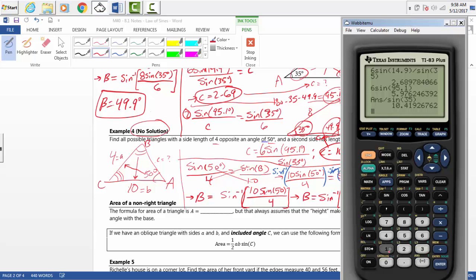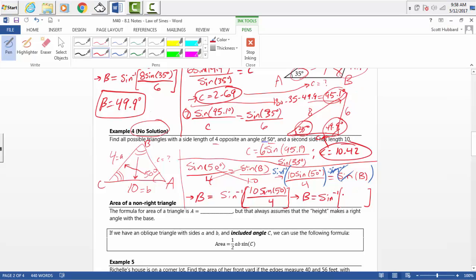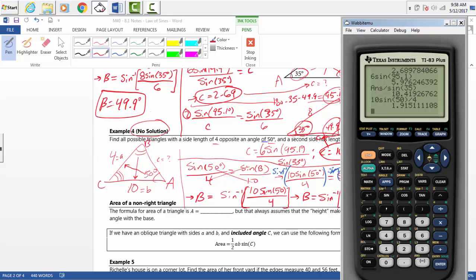So we're going to have 10 sine 50 divided by 4, 1.915. So hopefully some of you might already be seeing what the problem is. This is asking us to take sine inverse of a number bigger than 1. So this is asking what angle makes sine produce 1.915, but we know that that's out of bounds. And we can try to get an answer here, and it's going to say undefined domain.